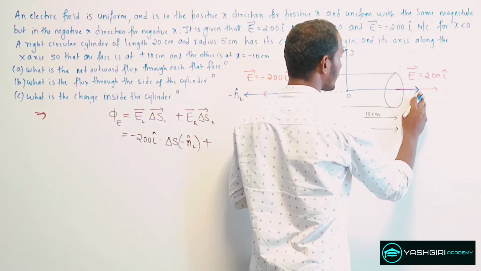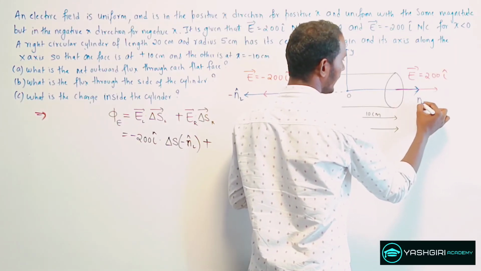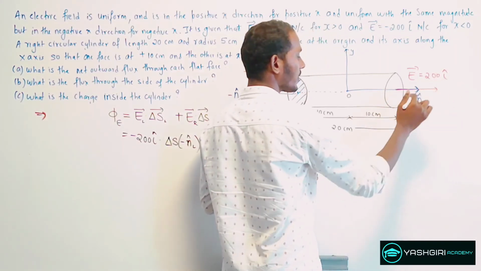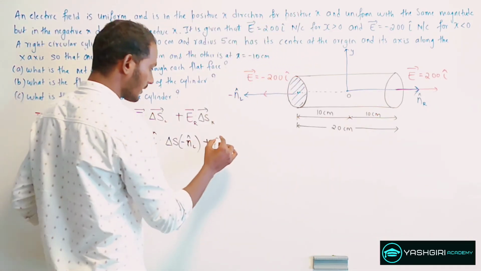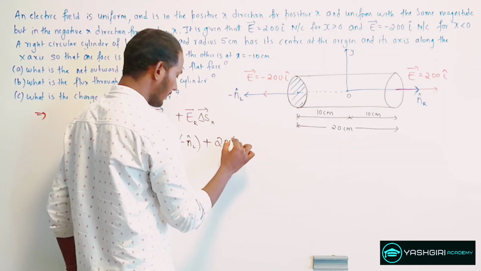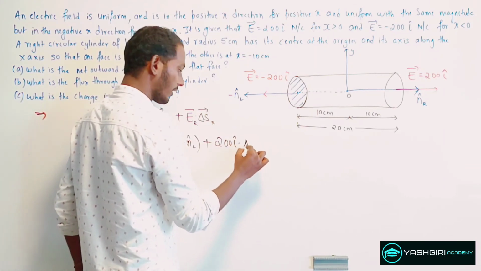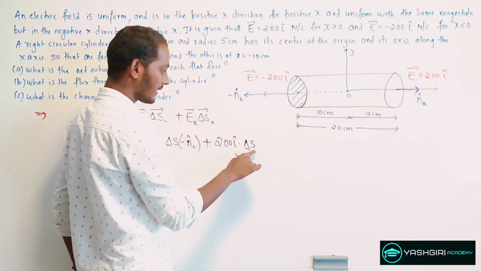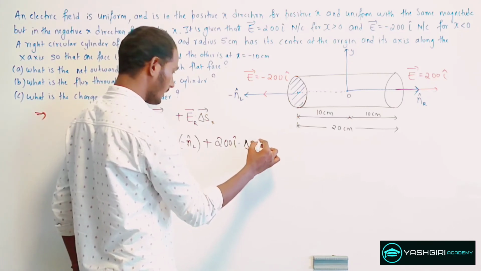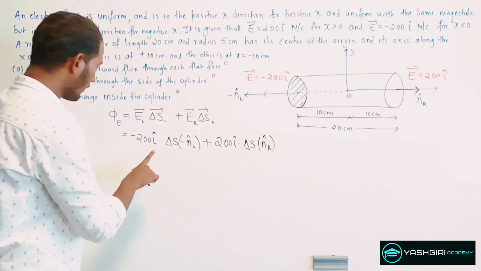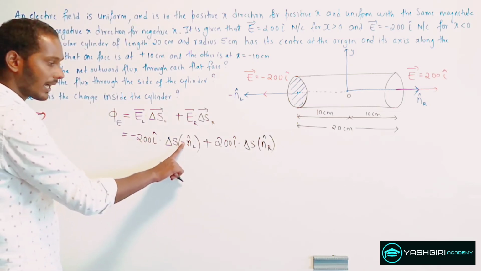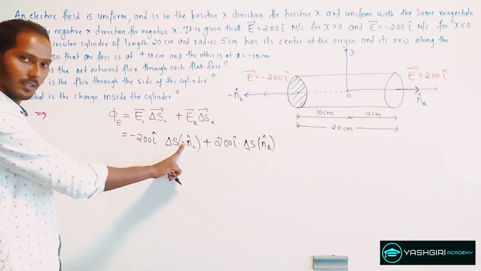I can write it as n cap of R, which is along the positive x-axis. So the electric field is 200 i cap into vector delta S, which is delta S into n cap of R. Now if you multiply minus into minus, that will give me a plus, right?